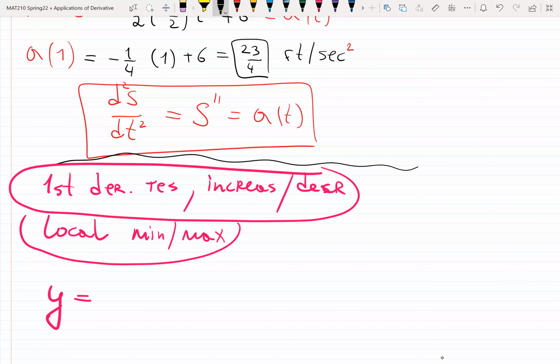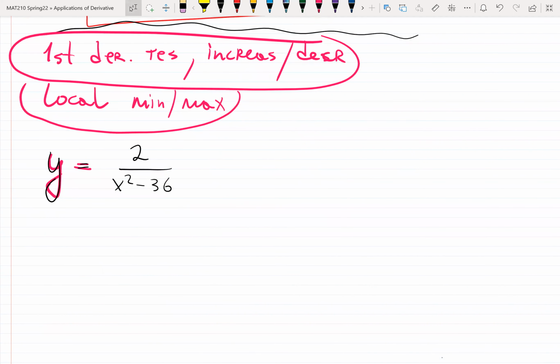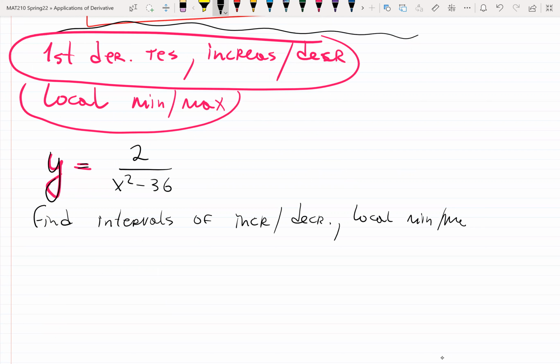Y equals, my computer is overheating, 2 over x squared minus 36. If we ask you, find intervals of increasing, decreasing, and local min max, what do you do? Correct. You start with finding the derivative, always. Y prime.